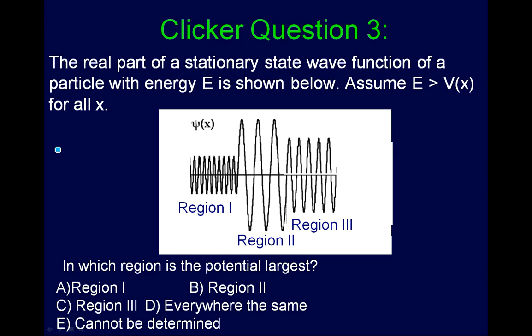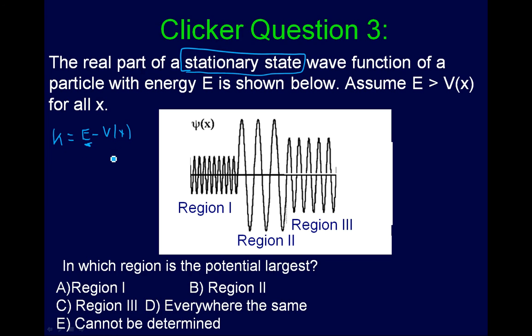All right, for this one, we actually have two ways to think about it. We have this equation we've been using: the kinetic energy is my energy minus V of x. For any energy eigenfunction, and a stationary state is just another way to say energy eigenfunction, it's got to be a constant energy. So the energy is going to be the same. What's changing is the kinetic energy and the potential.